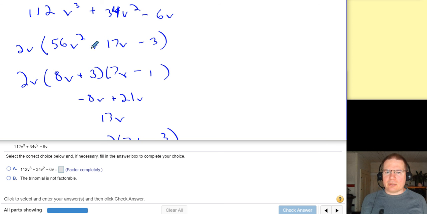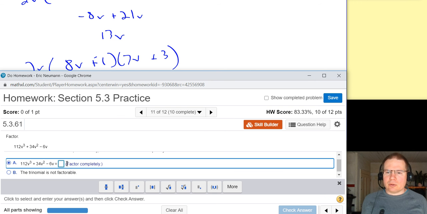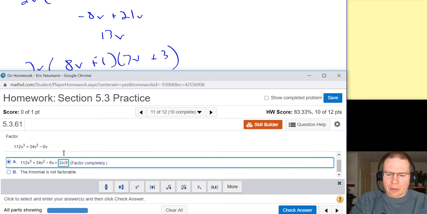I want positive 17. So I'm pretty much there. I just need to switch the signs. And again, no common factors here, no common factors there. 2v was the only common factor. So I've got 2v times 8v minus 1, 7v plus 3.